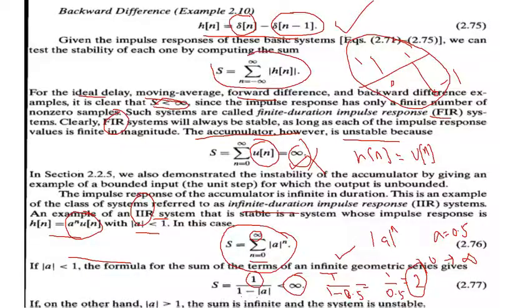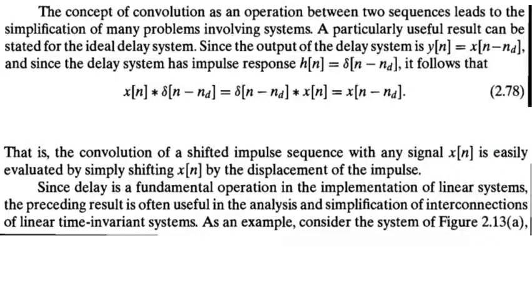In this slide we will talk about the concept of convolution. For example, this is our system, which is the ideal delay system, and the impulse response of this system, you already know, is obtained by replacing the input with delta of n minus nd.